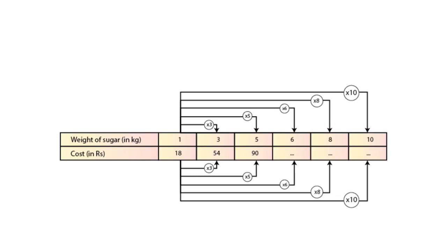Let us suppose that the cost of 1 kg sugar is 18 rupees. Then the cost of 3 kg sugar would be 54 rupees. Similarly, the cost of 5 kg sugar would be 90 rupees.